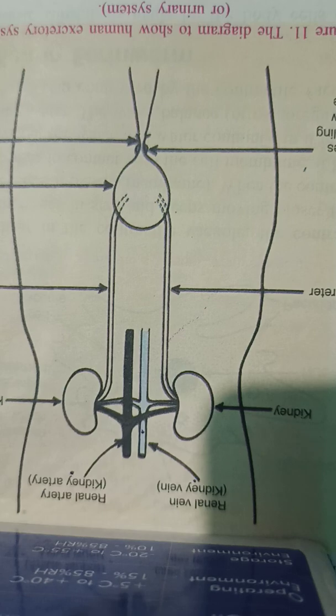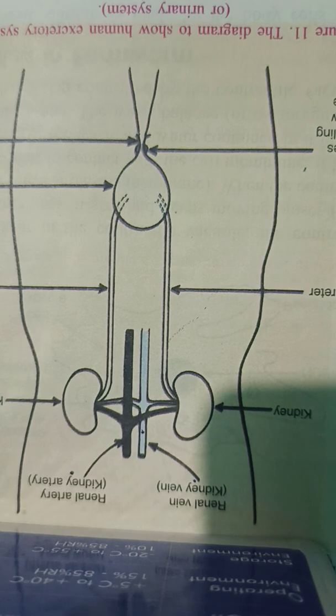Either urinary or excretory system. Now this consists of a pair of kidneys, a pair of ureters, urinary bladder, and urethra. And the waste is basically the nitrogenous waste, that is what we call urine.